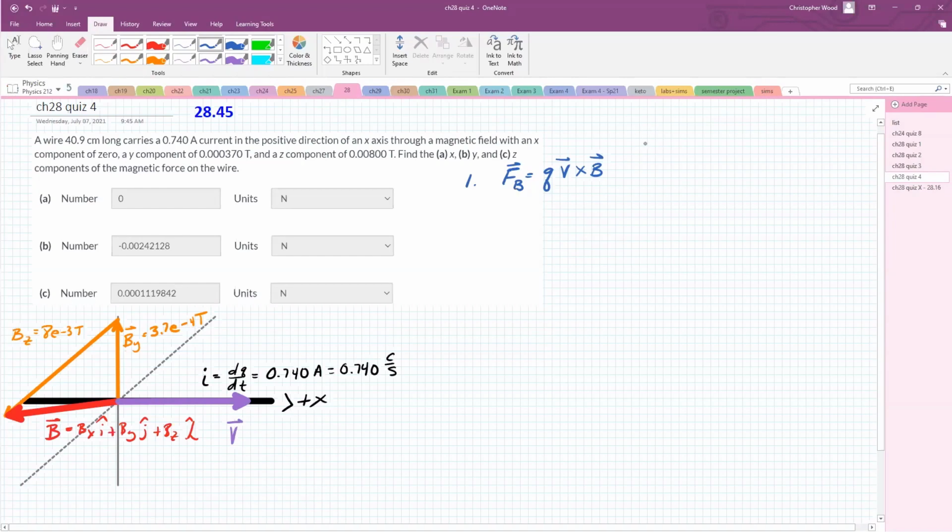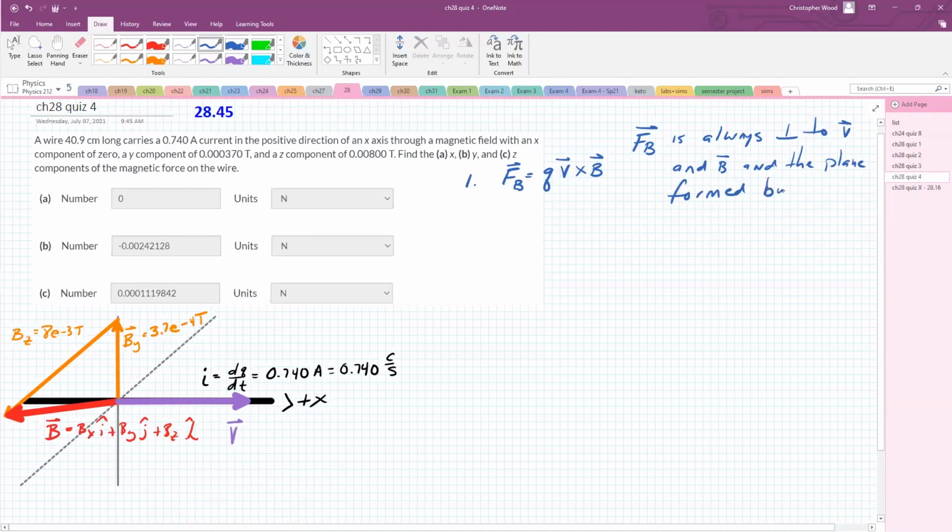I'm going to do this just because we're doing well on time. It won't take a lot of time. But remember, the F sub B vector is always perpendicular to V and B, and to the plane formed by the V and B vectors.